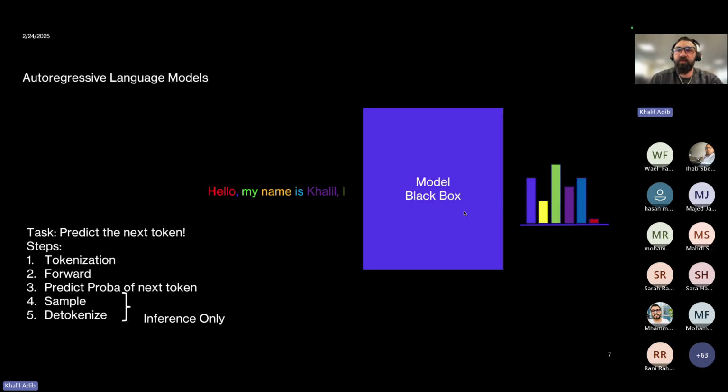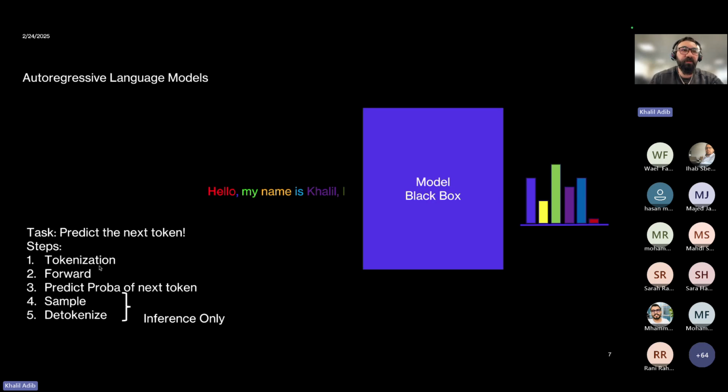The output from the model is actually a probability distribution over a specific set of vocabulary, and we sample from this vocabulary to choose the best answer basically. So the task in this case is predicting the next token.